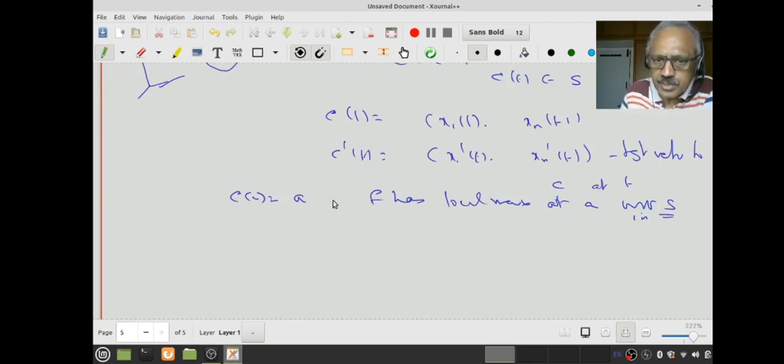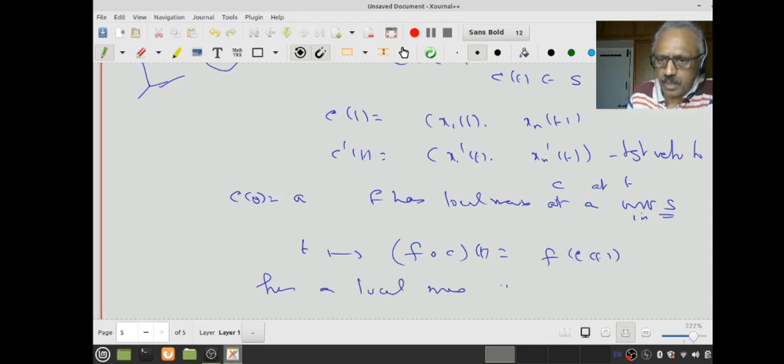Notice that we are assuming C of 0 is A. Therefore, t going to f of C of t has a local maxima at t equal to 0.